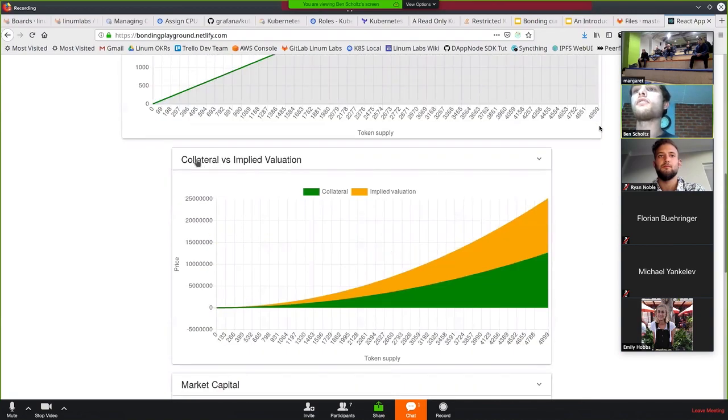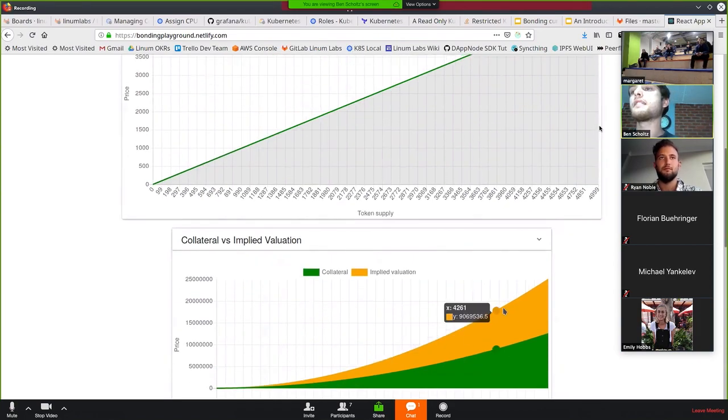So this curve, for instance, shows you the collateral versus the implied valuation. As people buy tokens and put collateral into the collateral pool, you have a valuation that results, and you can see how this would behave.